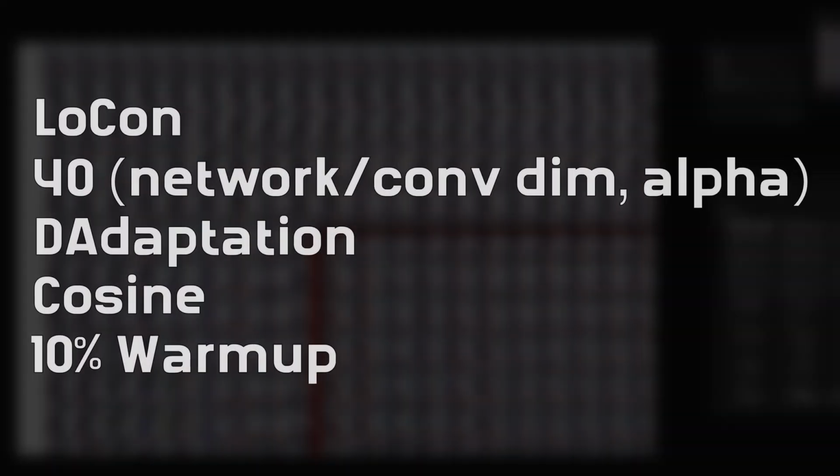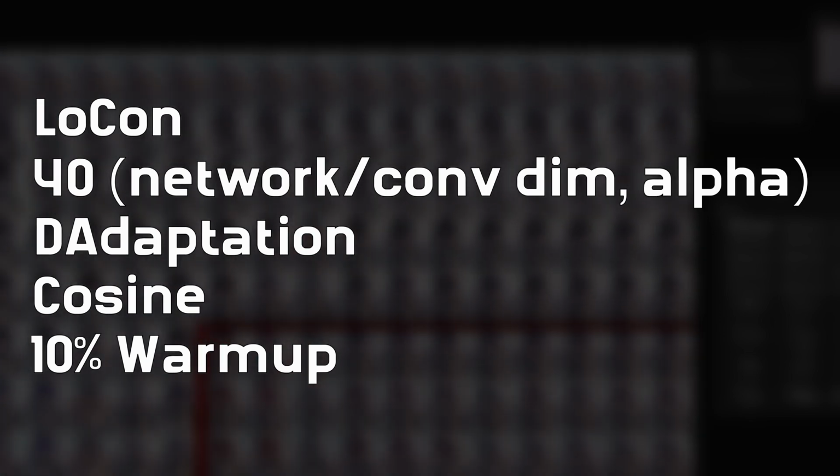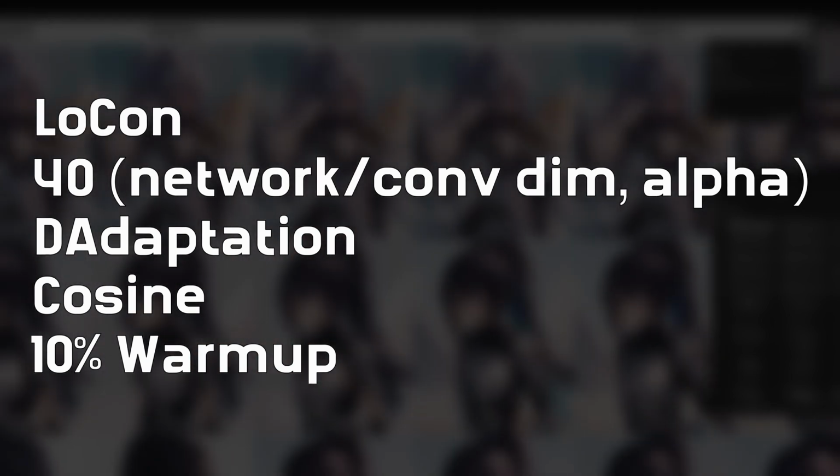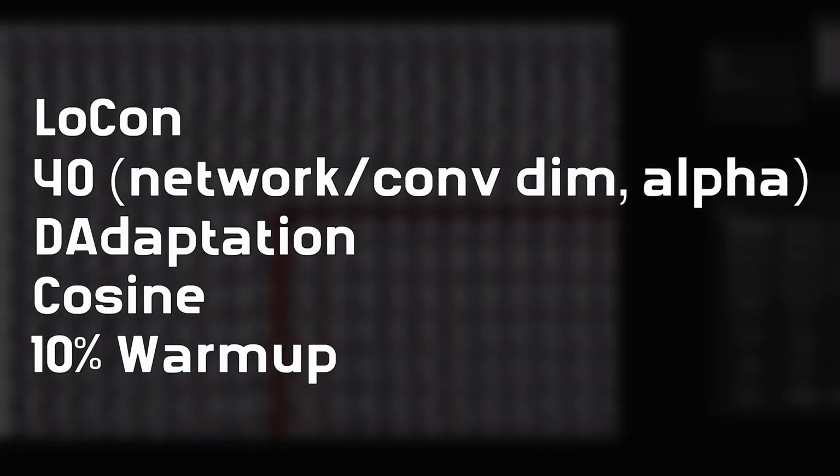So I finished training using several different parameters, much like the earlier redjuice style model training. Then I generated the same epoch versus weight grids, once again while keeping my prompts relatively the same. So this first grid you see here is LoCon with dimensions 40 on everything. So network, alpha, convolutional network, and alpha.